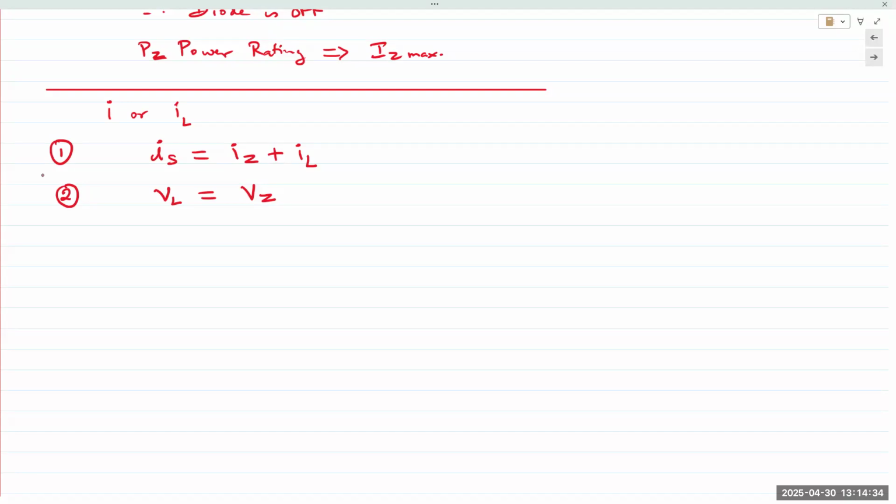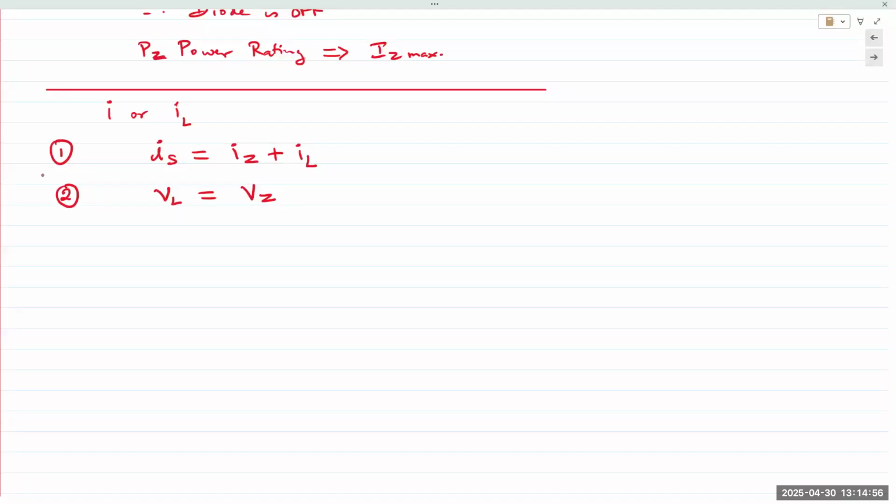In general, if you look at any circuit, pretty much any textbook or any author, they will always refer to VZ and not VL. As engineers, you should automatically realize that VZ is also for the load, because they're in parallel.